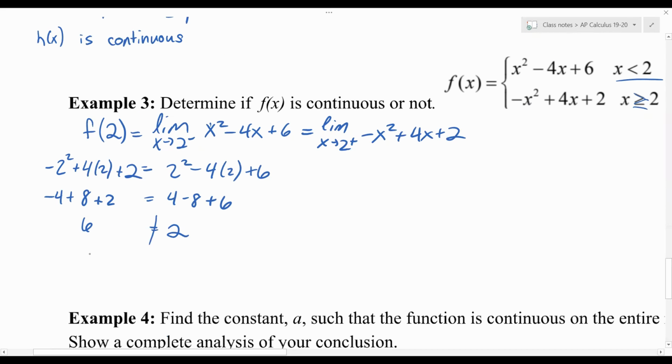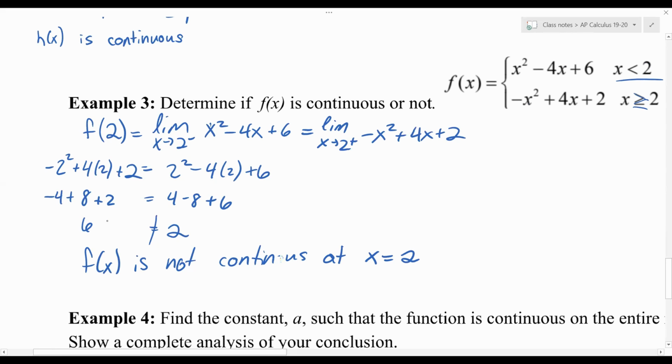So we can say f of x is not continuous at x equal 2. And to add to that, what type of discontinuity is it?